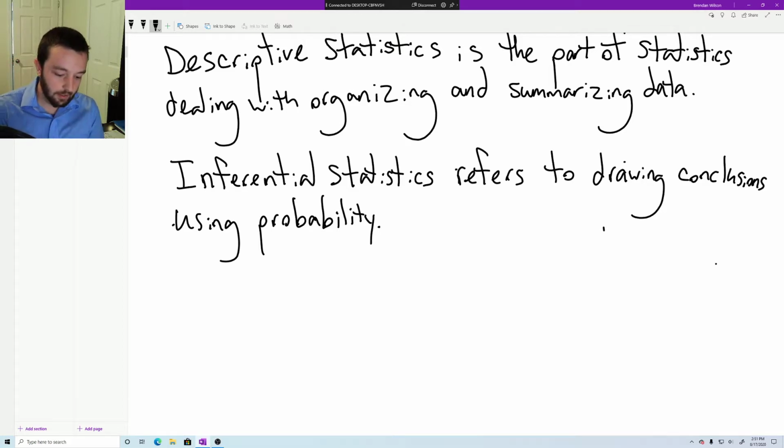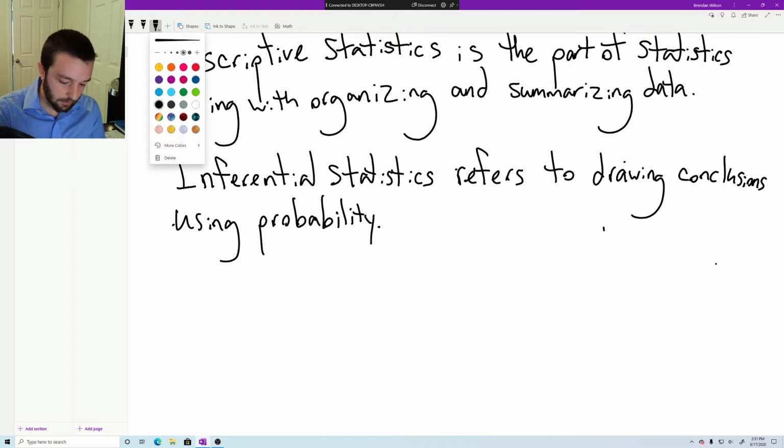Okay. So just so that this doesn't all blend together here, let's change the colors up.